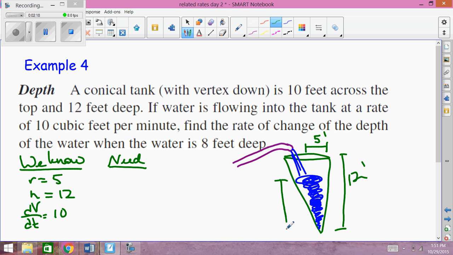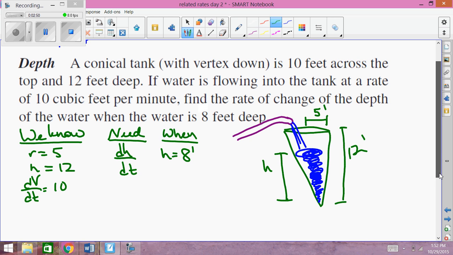We could call it D, or we could call it H. So what we need is dH/dt, and we want to find it when H equals 8.